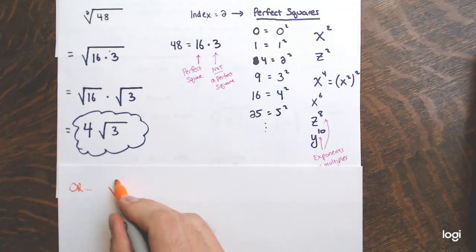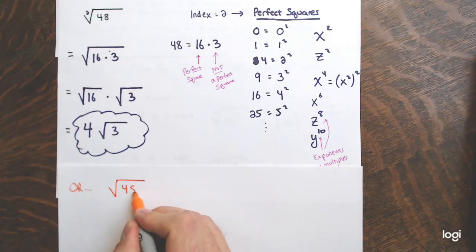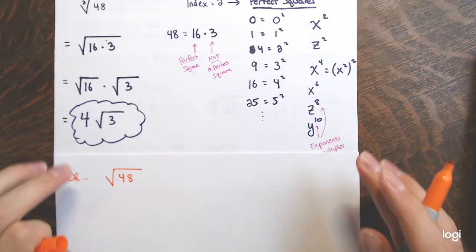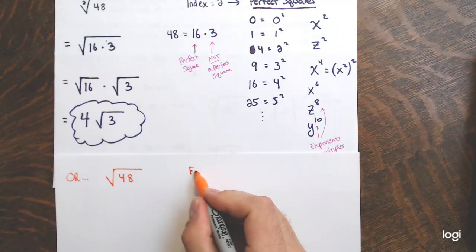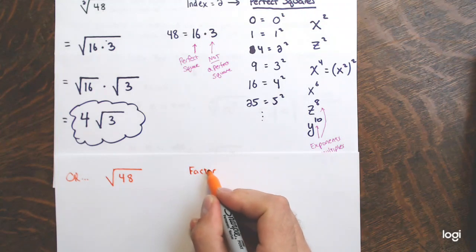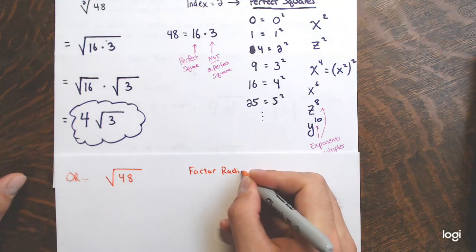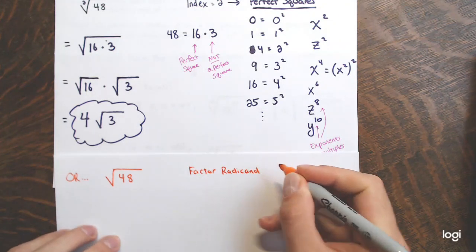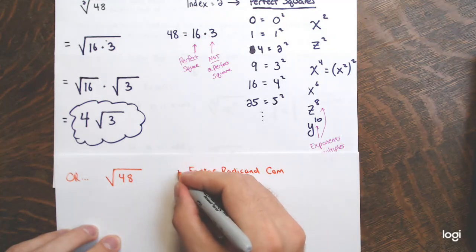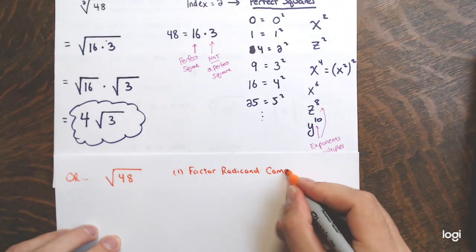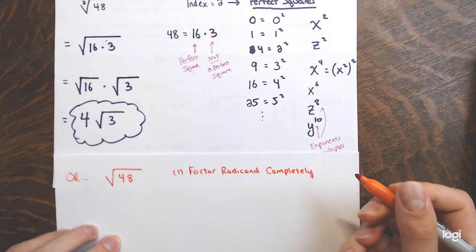I have the square root of 48, and then let's factor the radicand completely. Take it down to primes. Step 1: factor the radicand completely.